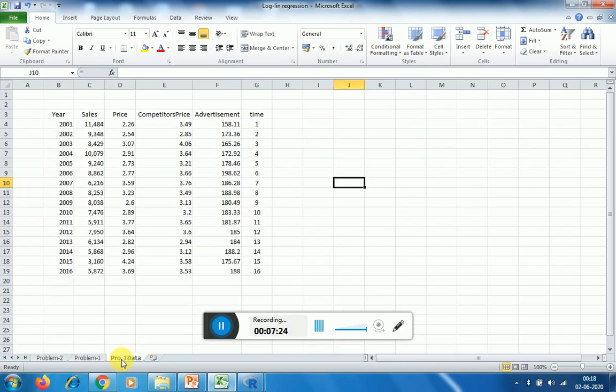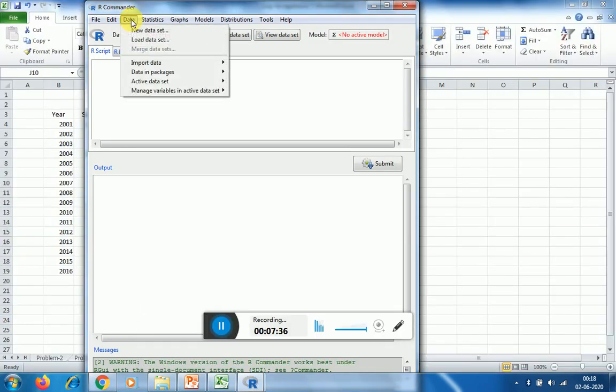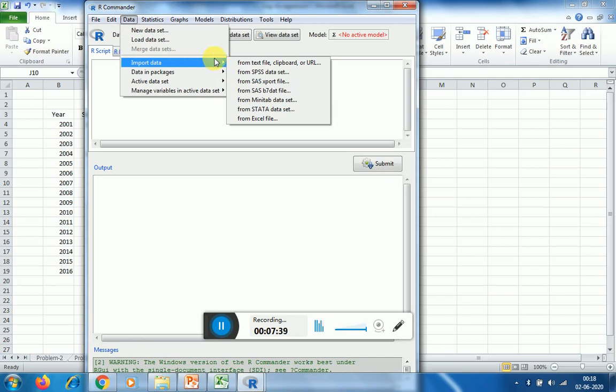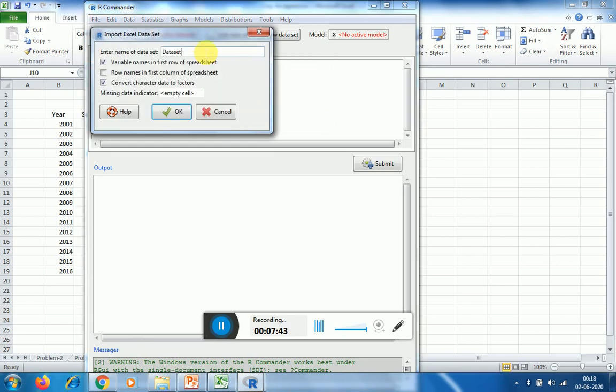Now the same data is presented here in the worksheet. Now we will upload this worksheet in R Commander. So click on data, import data from Excel file. I name this as dataset 1. OK.